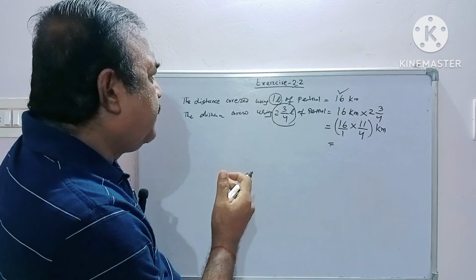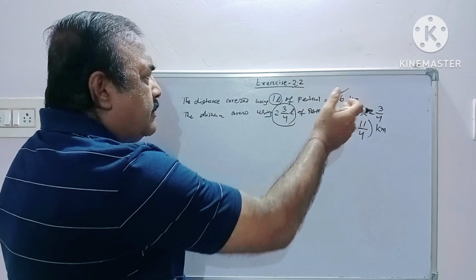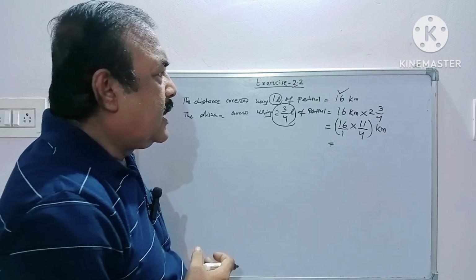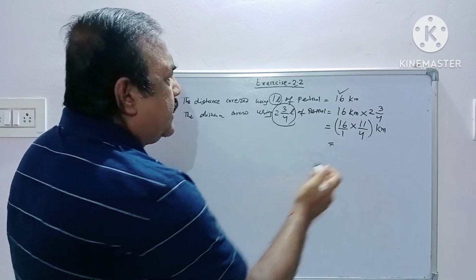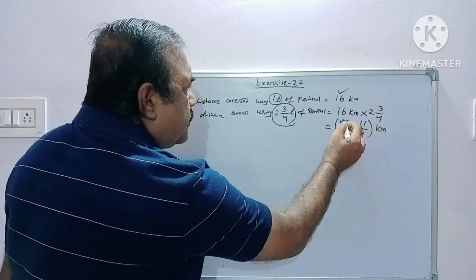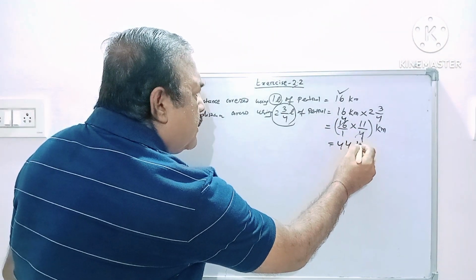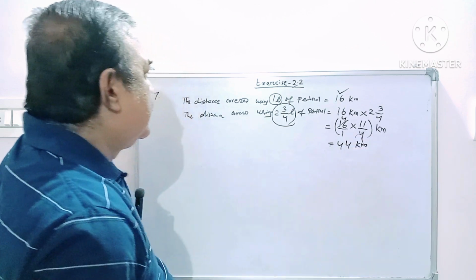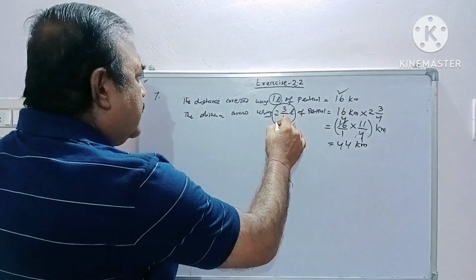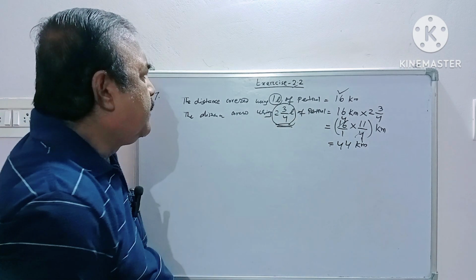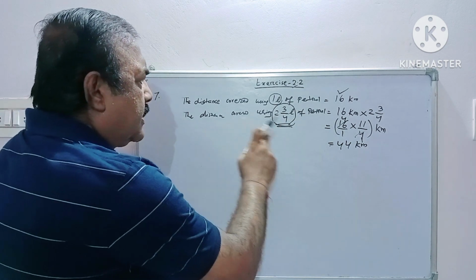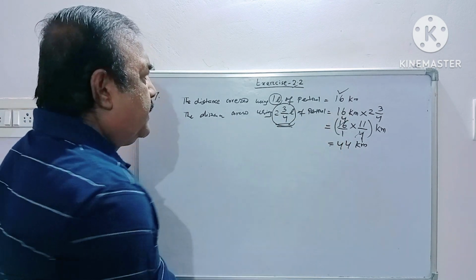When we are moving from 1 to many, definitely more distance is to be covered, so we have to multiply here. So here you see 4 fours are 16, so that is 44 kilometer. So using 2 whole number and 3 upon 4 liter of petrol, that car must cover 44 kilometers.